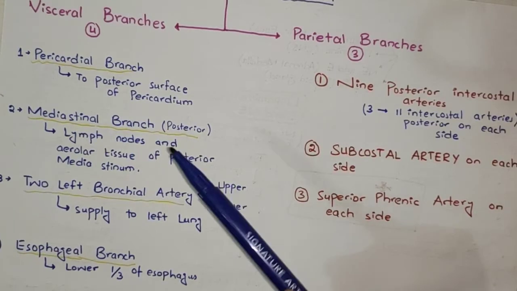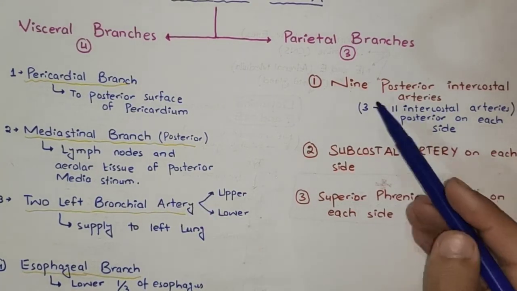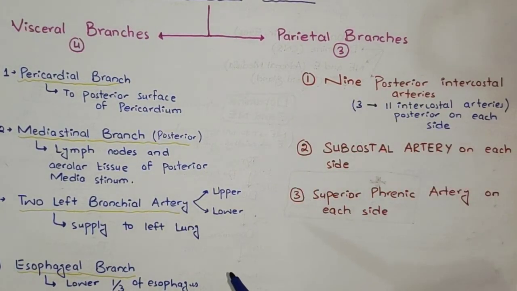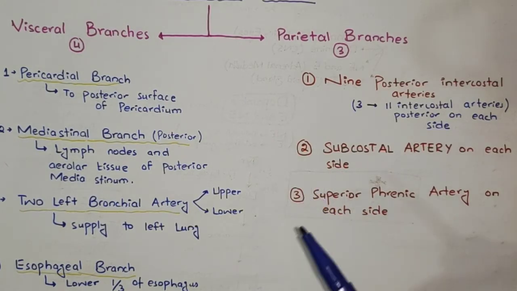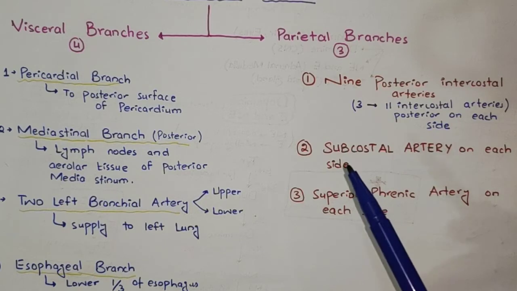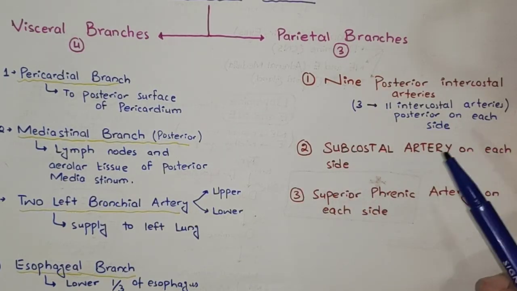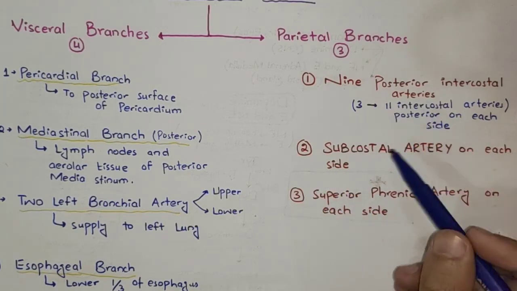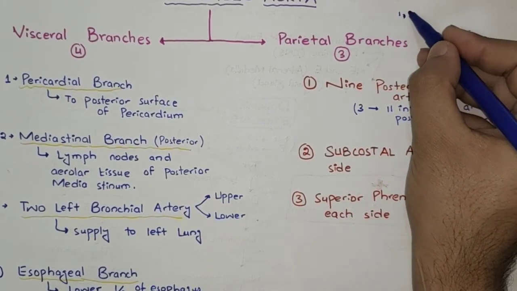So now we will consider the three parietal branches of the thoracic aorta. The first is the 9 posterior intercostal arteries. As we all know, there are 11 intercostal spaces, and it has 11 intercostal arteries and a subcostal artery.